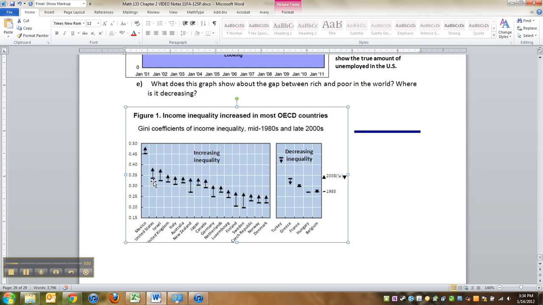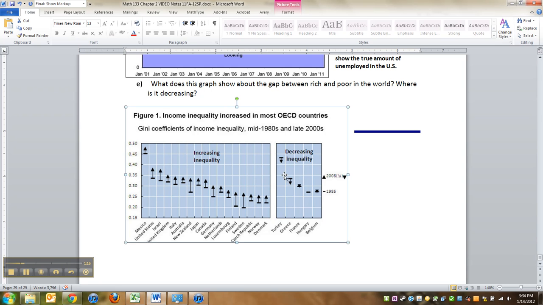So mid-1980s is the little line there, if you will, and then the arrow shows the direction it's going. So these countries over here have increasing inequality, right? So that shows how much inequality they had in the mid-1980s and then where they went to in the late 2000s.